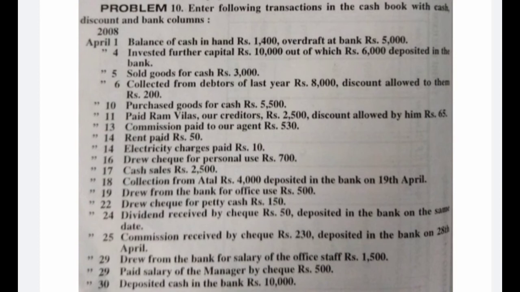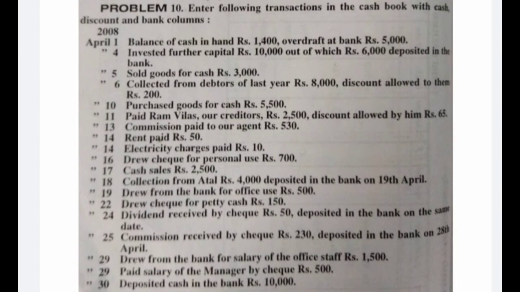Next problem number 10, that is enter following transactions in the cash book with cash and discount bank column. So it is a 3 column cash book they are asking, for the month of April 2008. Balance of cash in hand rupees 1400 and overdraft at bank 5000. So in the cash column, balance brought down on the debit side 1400.